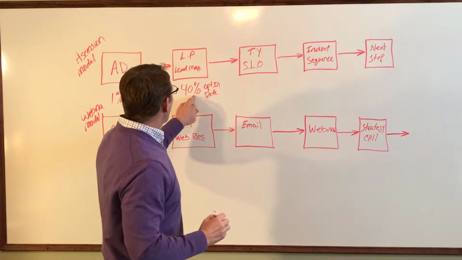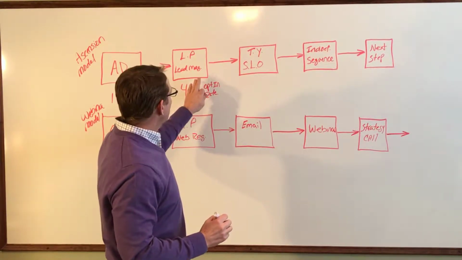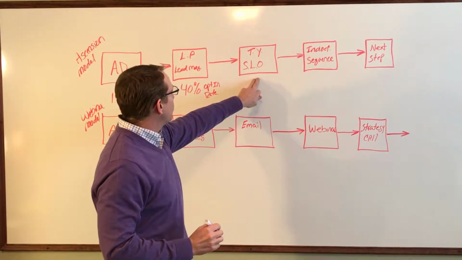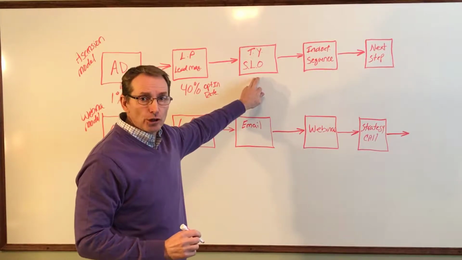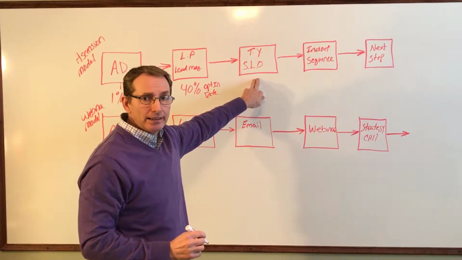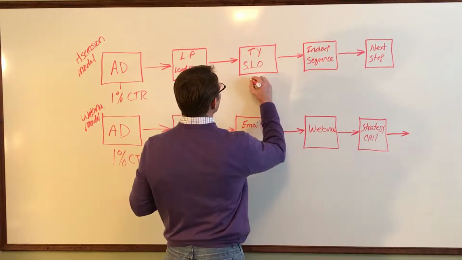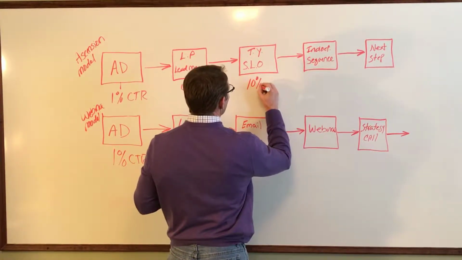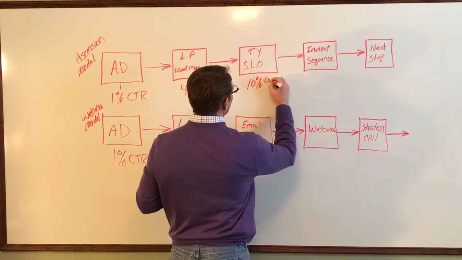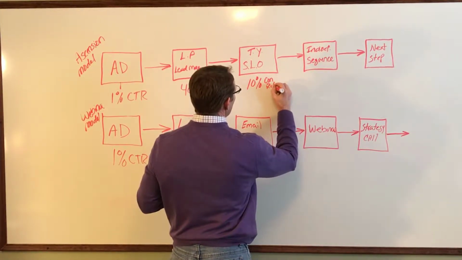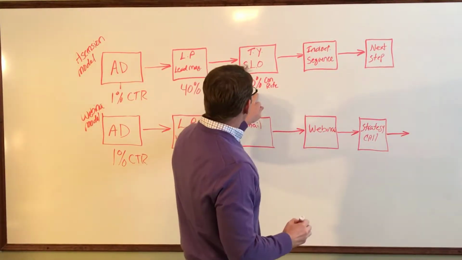So 40% opt-in rate here. Then the people who opt in hit this thank you page. They're redirected to a thank you page immediately with a self-liquidating offer. You need to get a 10% conversion rate.